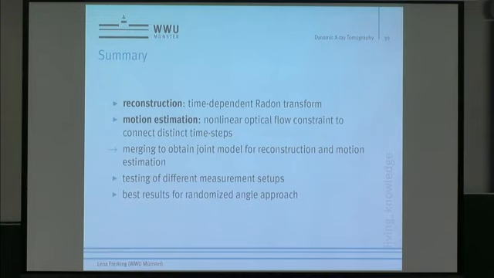So when merging both of these tasks, we obtained a joint model for motion estimation and reconstruction, and with this joint model we tested different measurement setups, and in the end we saw that the best results were achieved for the randomized angle approach.